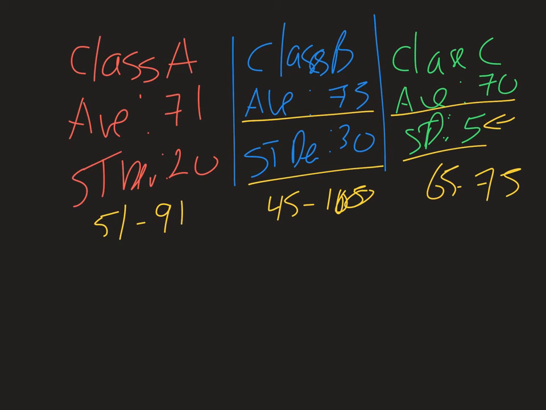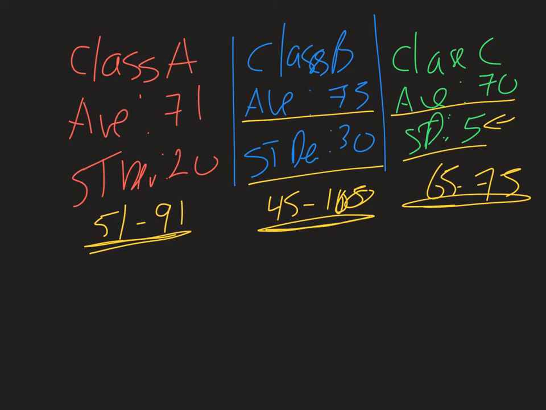This can give you an idea of where most people fall. It's very difficult in this middle class to make any kind of deduction. You could be anywhere from a 45% to 100%. This one, you could be anywhere from 51% to 91%. And this one, you're anywhere from 65 to 75.